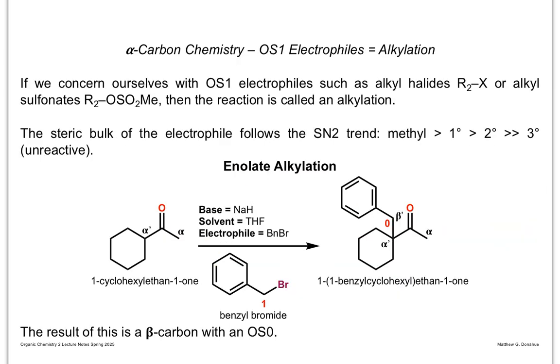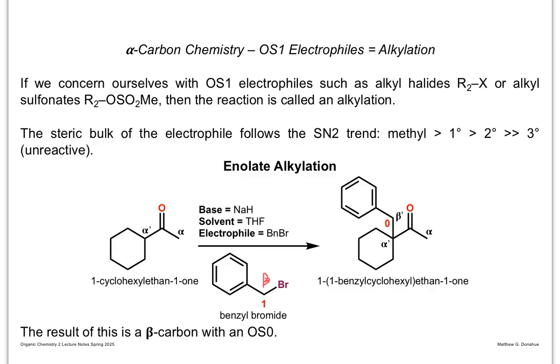So in terms of alkylation, where we're treating with an oxidation state 1 electrophile, and then the beta carbon ends up at oxidation state 0. Pay attention to the base that's used in the reaction.